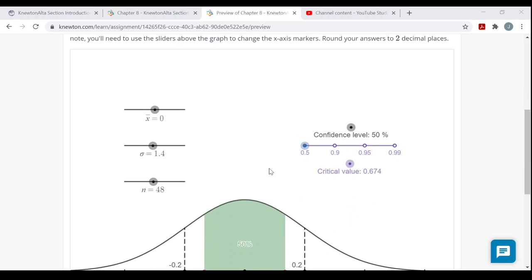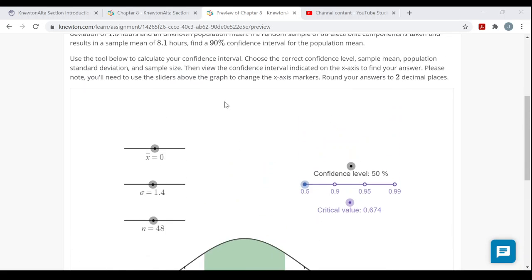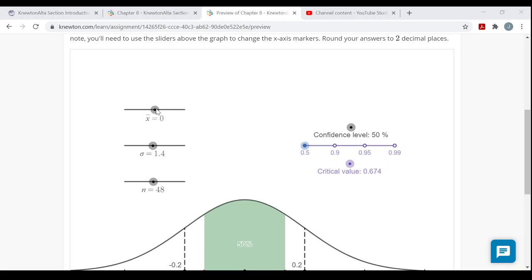So I'm just going to use the tool here. The sample mean x bar, we're just sliding that to 8.1 hours. There. This is sigma. This is not sigma x bar.